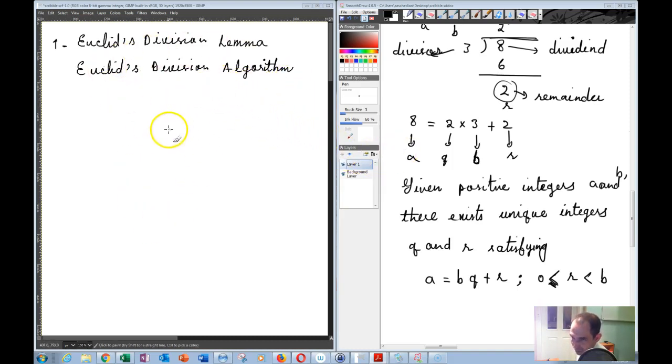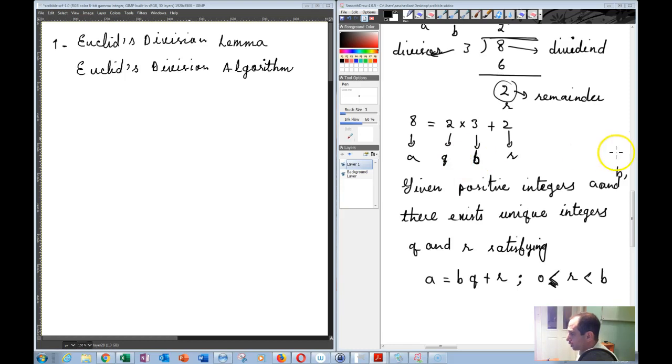And then we have a relationship between the HCF of two numbers and the LCM of two numbers, and that way you can find the LCM as well.